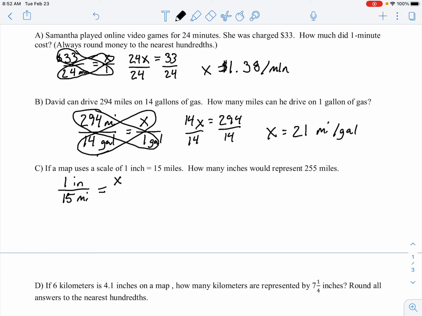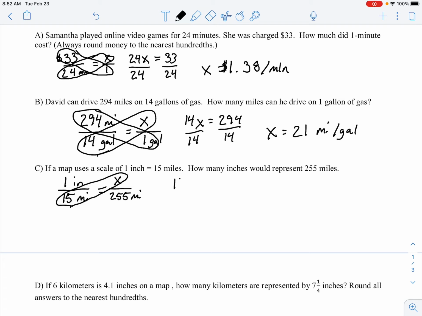How many inches, x up top here, would be represented by 255 miles? So we can see, just like our proportions before, we're having the same units on the top and the same units on the bottom. This is going to work just like we've been seeing with other problems.